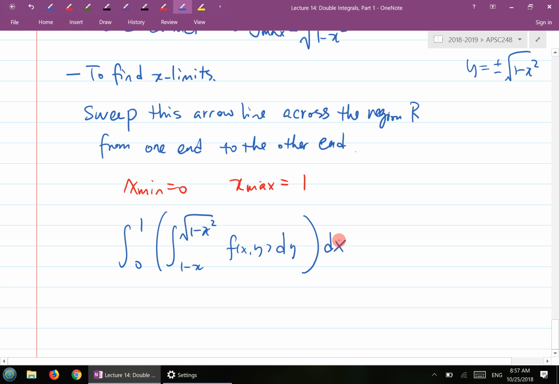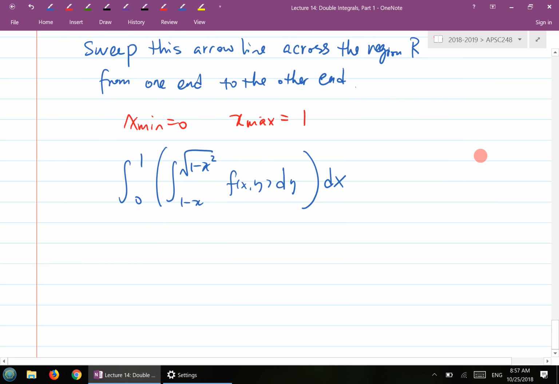Now, if you have the specific function given, then you can do the rest of the integrals. That's how you can sweep through this region R without missing any corners, uniquely, and also without any redundancy.